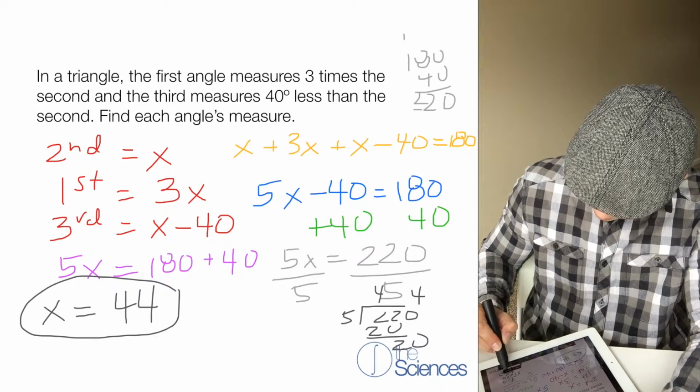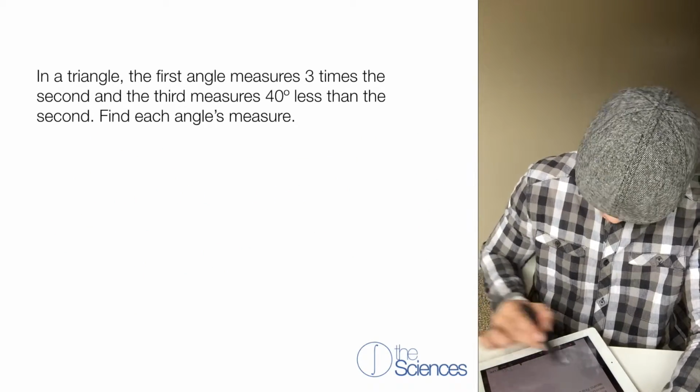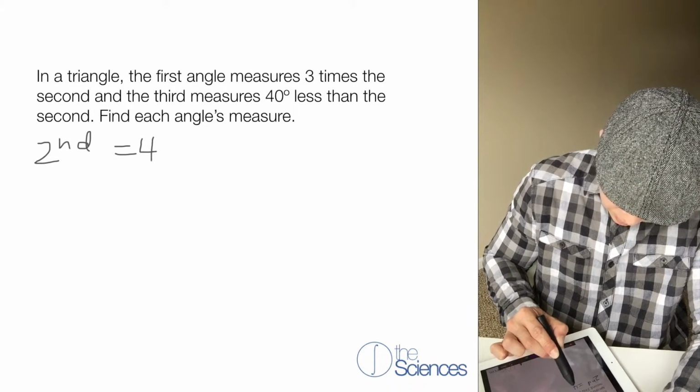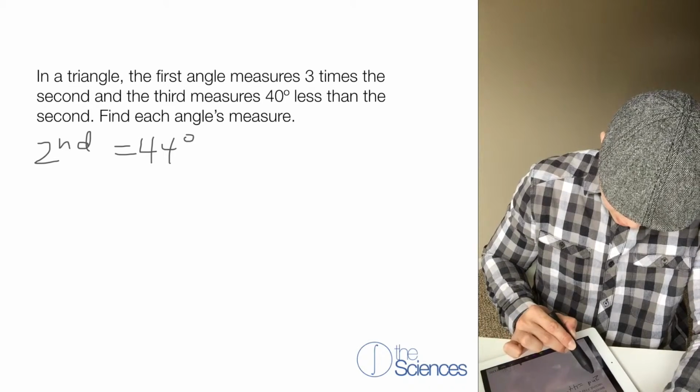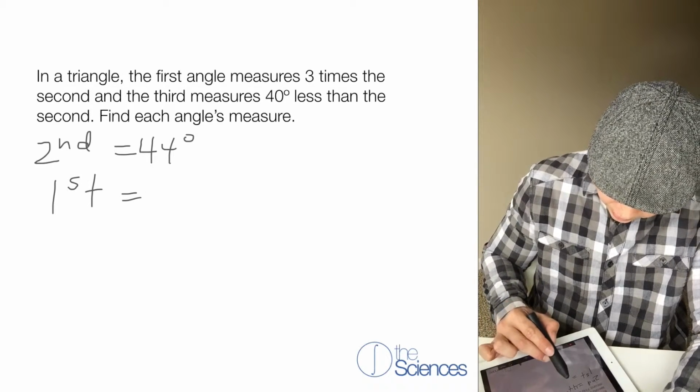So now let's clear all of this out. We said our second angle is 44 degrees. And the first angle is 3 times the second.